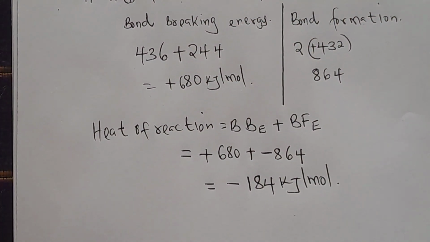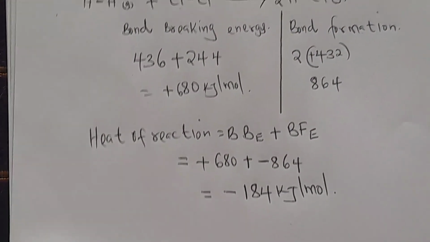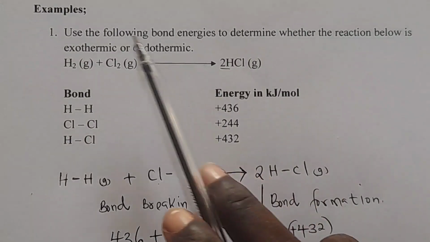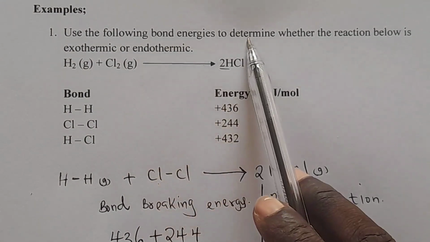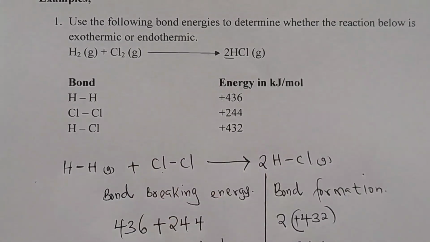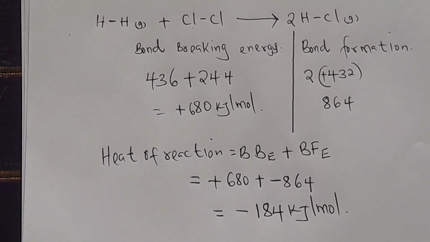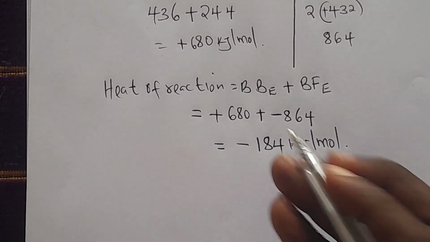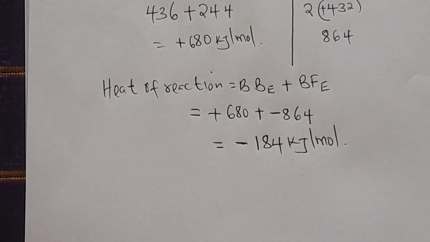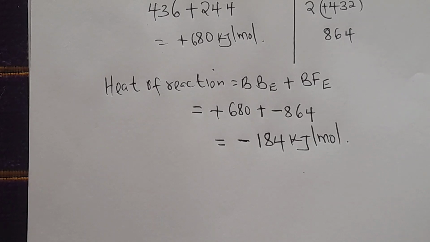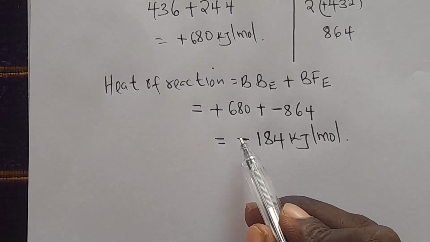So that will be the heat of the reaction. If we go back to the question, we are told to use the following bond energies to determine whether the reaction below is exothermic or endothermic. So we have to use the heat of the reaction to state whether that reaction is exothermic or endothermic by checking the sign. Here we have negative.